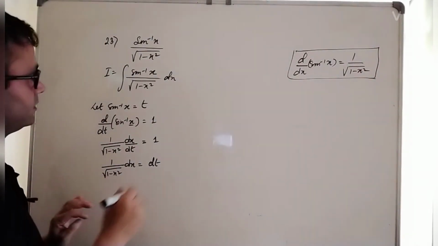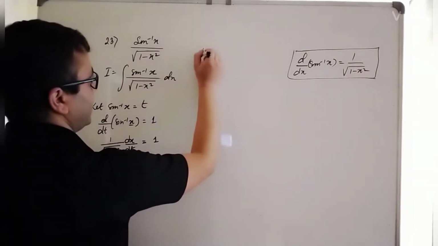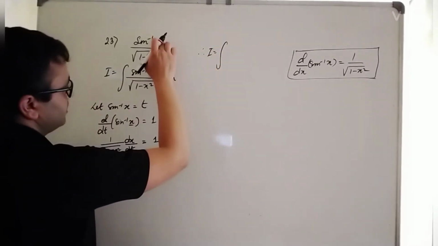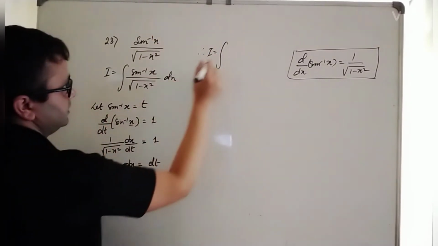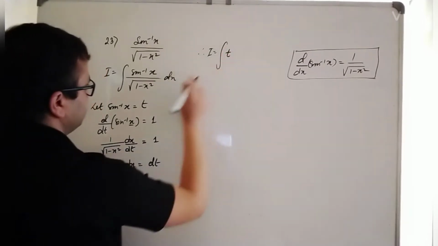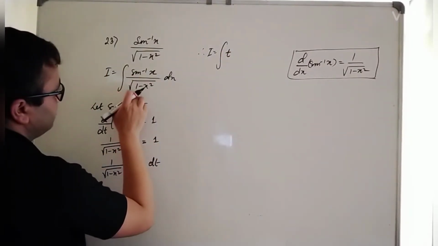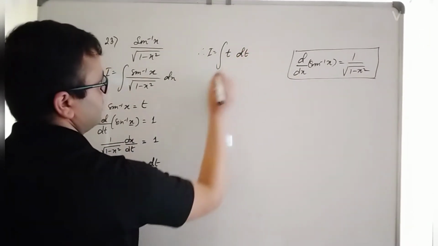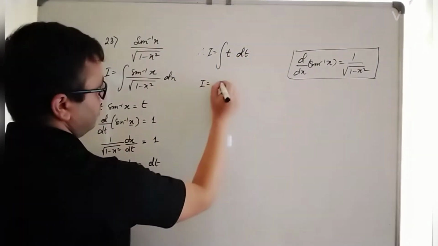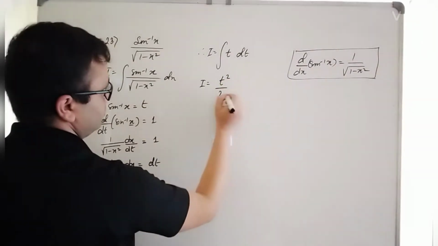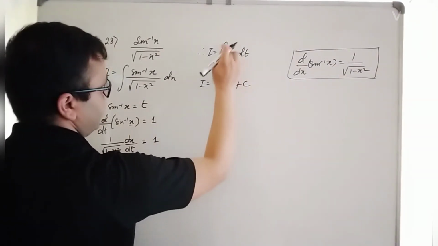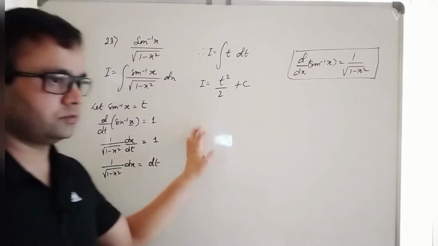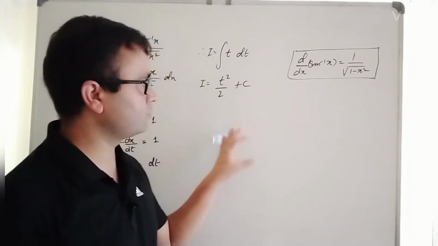So after that, therefore I equals integration, now sin inverse x is t, and 1 by root under 1 minus x square dx is dt. So it is t dt. Now integrate it, equals t square by 2 plus c, because the power of t is 1. So integration of x to the power n is x to the power n plus 1 divided by n plus 1, plus c.